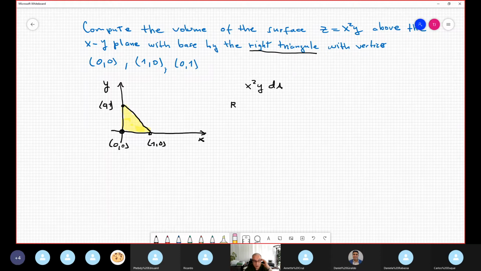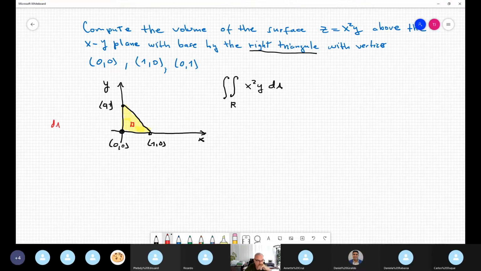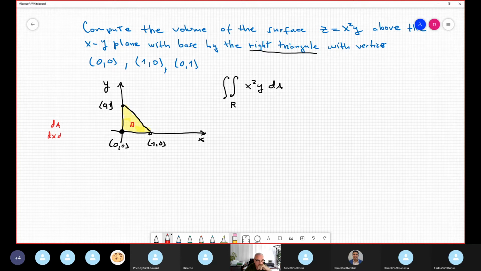Okay, let me put the double integral. Okay, so I need to make decisions. Remember, this is my differential area. This small rectangle represents dA, and dA is dx dy, and you stretch in the direction that you want, and after you open the window.